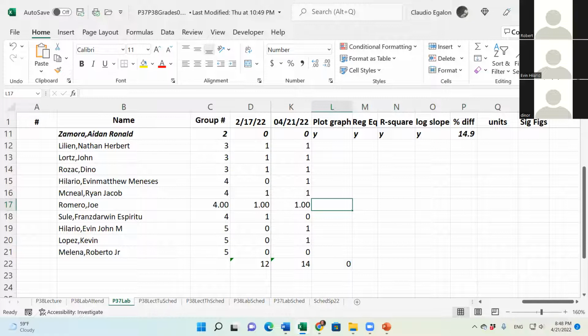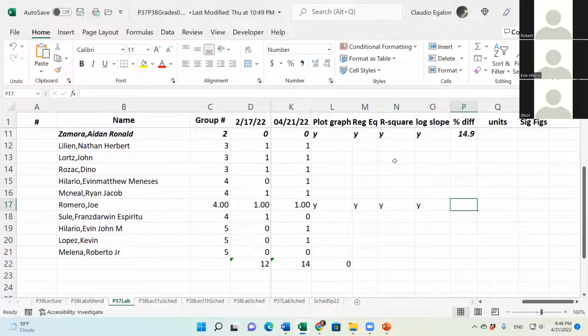Yeah, okay, good. So did you get the graph, Joe? Did you plot the graph? Yes, okay. Regression equation. R square. Log the slope on the last table. Good.